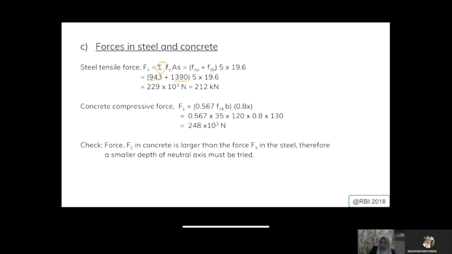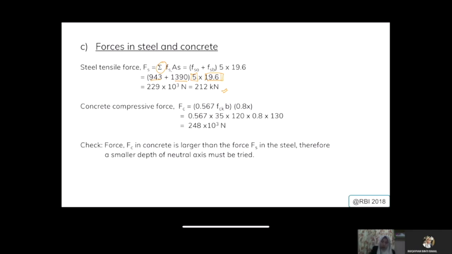Then you multiply with the area of your tendon, and then with the number at that particular layer. For this case, the bottom layer and the top layer are both 5. So you add and multiply with 5 for each of the stress, and you will get the total equal to 212 kilonewton. That will be the total tensile force.